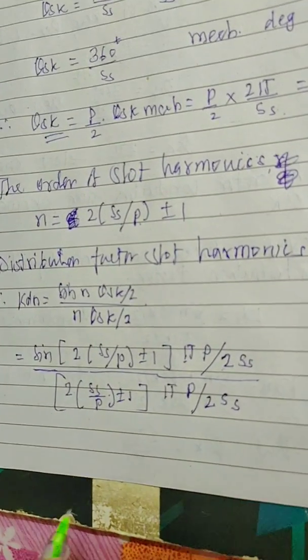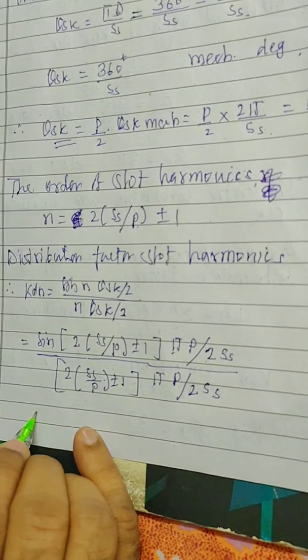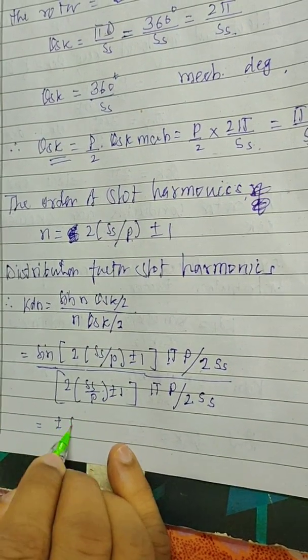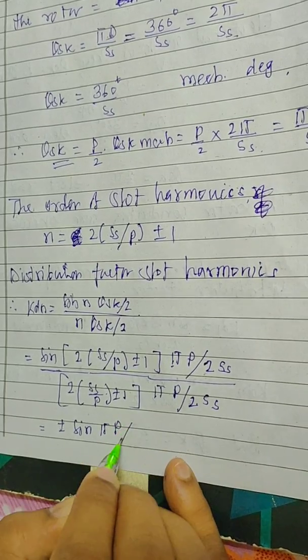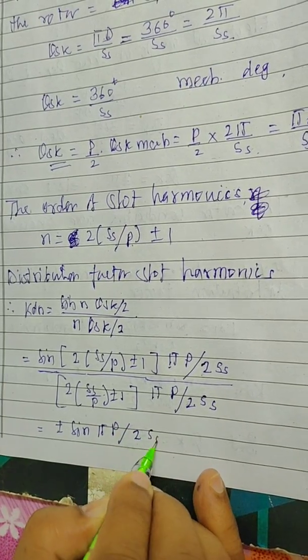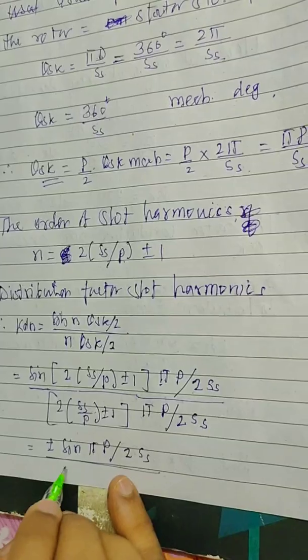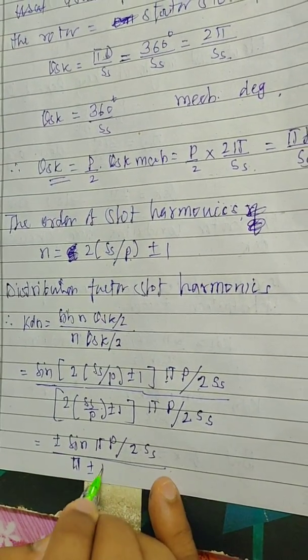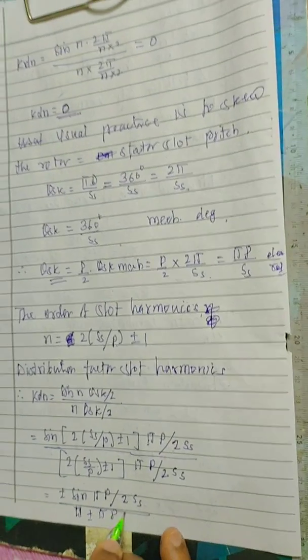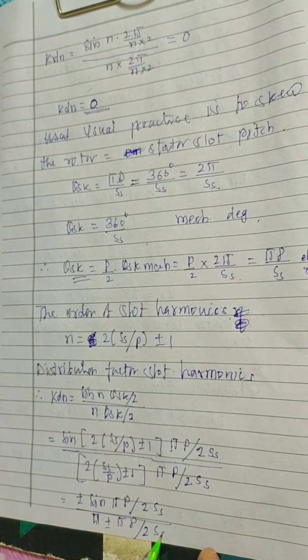If we simplify this, we get plus minus sine pi P upon 2 Ss upon pi plus minus pi P upon 2 Ss.